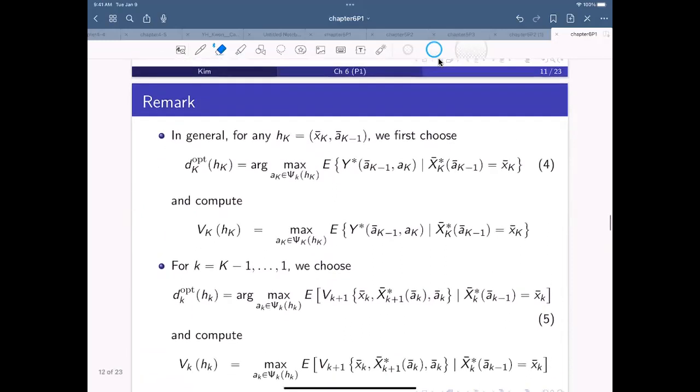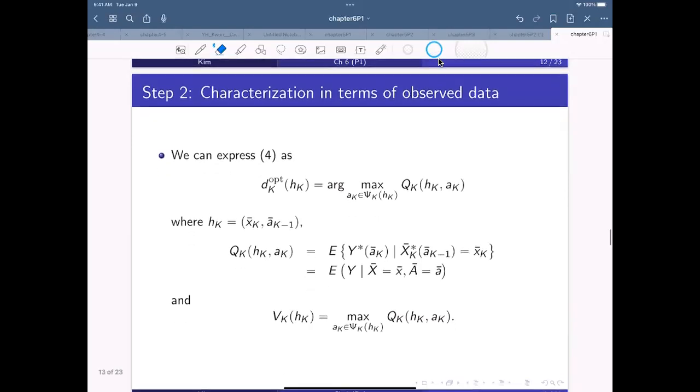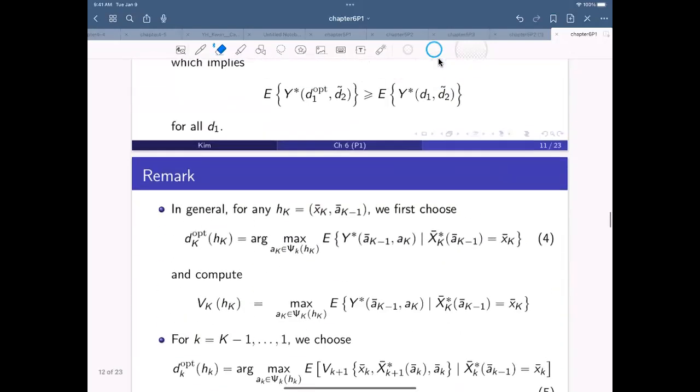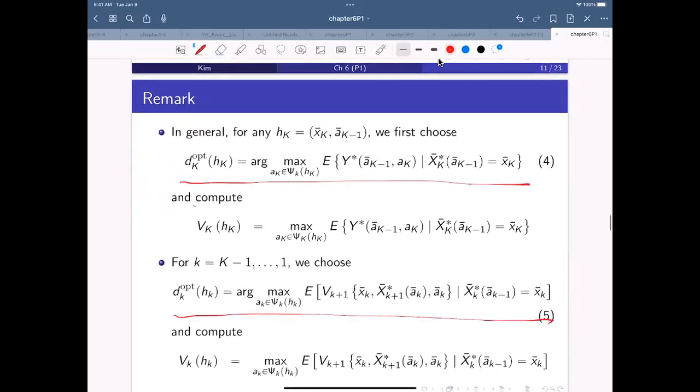So this is the formulation in terms of the potential outcomes. The next step is to characterize it in terms of the observed data. The key idea is this: this is the optimal decision at the end point, and then from K-1, K-2, backward, you choose the optimal one sequentially.